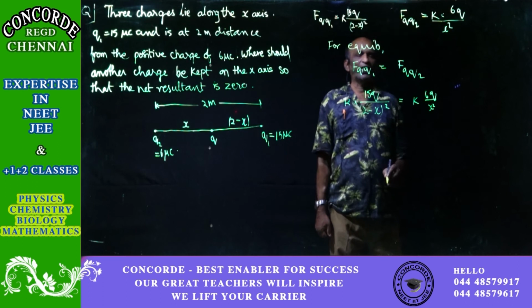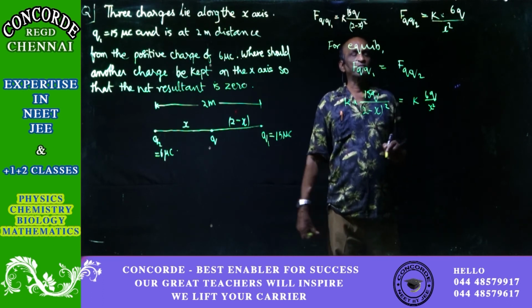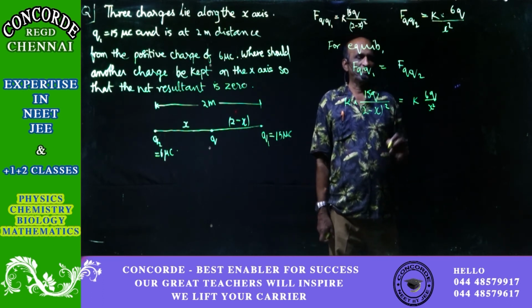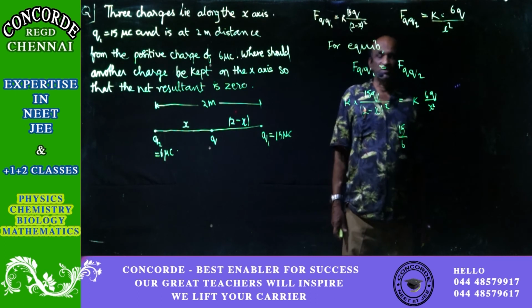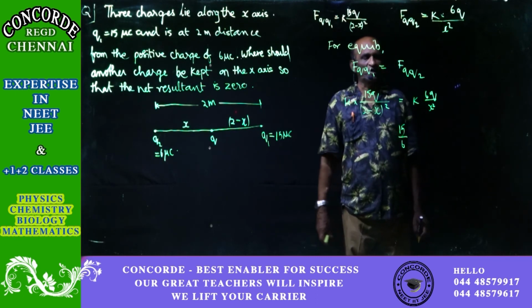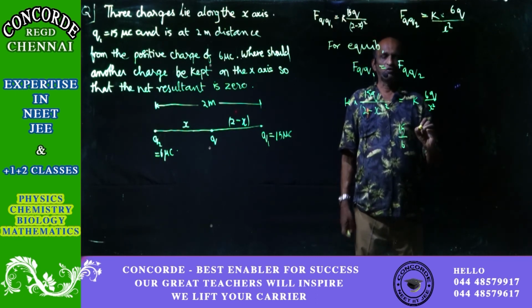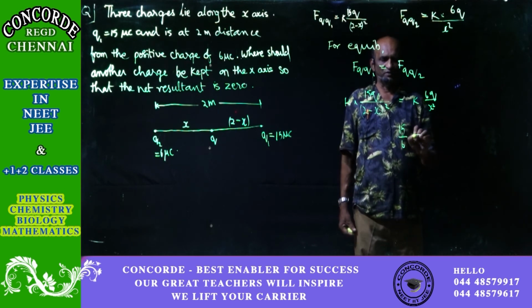So K and Q will cancel both sides. So you will get 15 by 6, which is equal to 2.5, equal to 2 minus x the whole square.